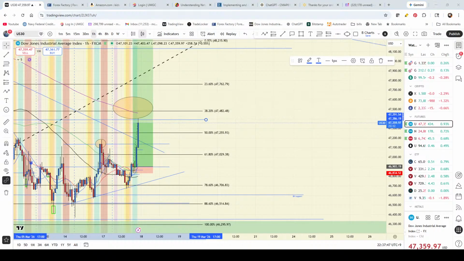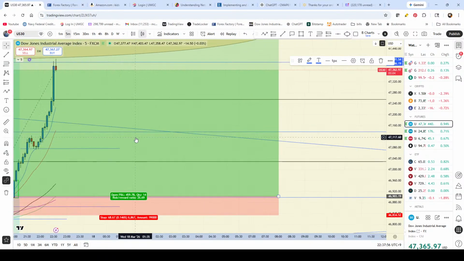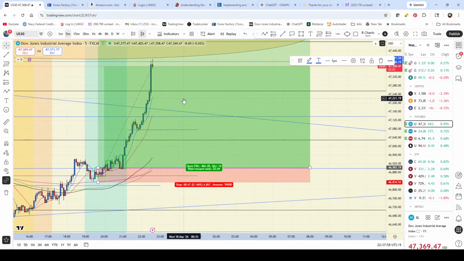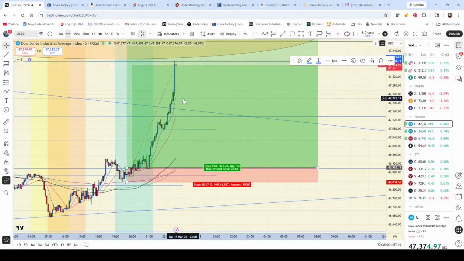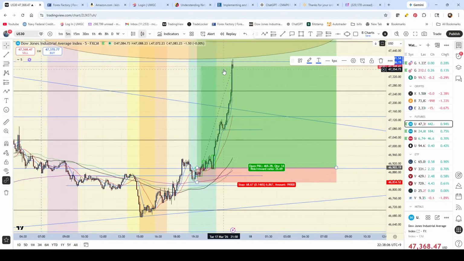Currently up 32. Again, price is just respecting it so nicely. A lot of bulls, man. The bulls are here. A lot of bullish movement.